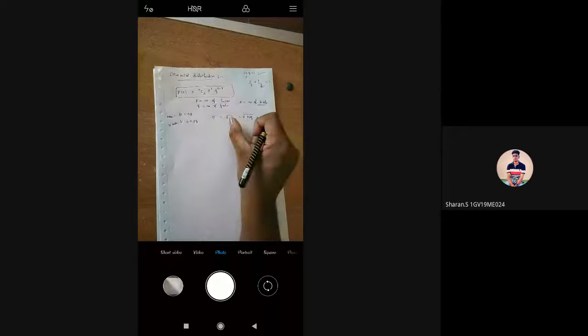So we got the mean formula, variance formula, and standard deviation.